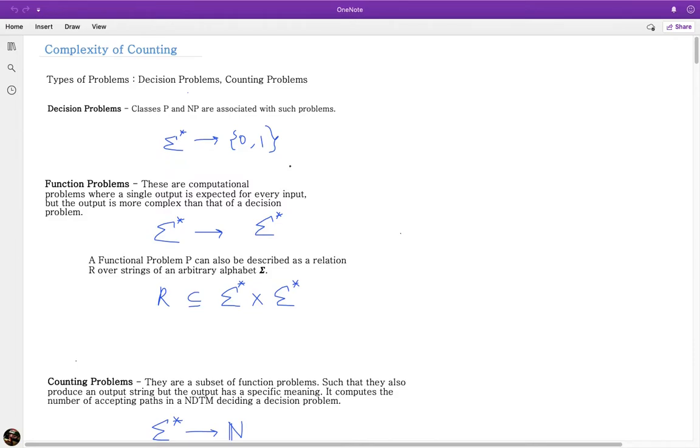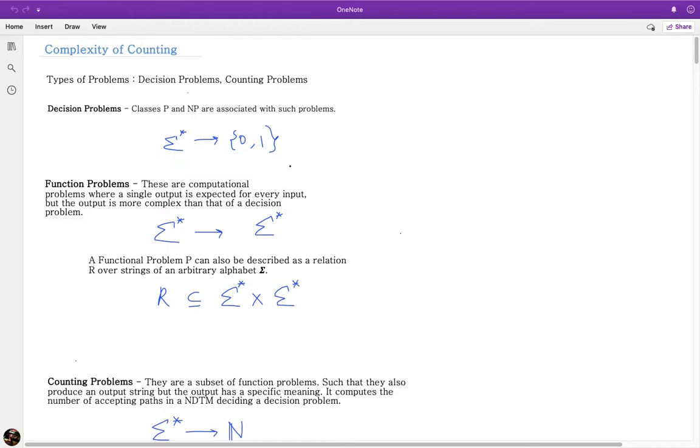One way to think about decision problems is as a map from a string to 0 or 1. So we can think of the input being a string, and a Turing machine outputs whether it is accepting or not. So basically, decision problems are mappings from a string to 0 or 1.